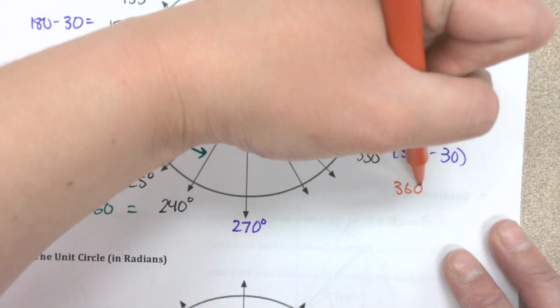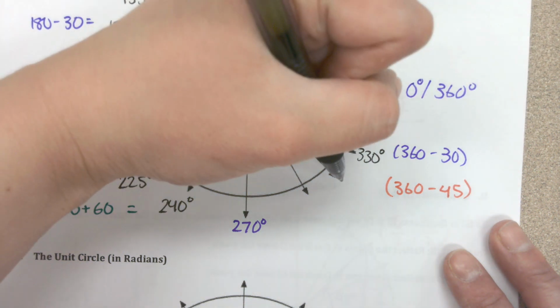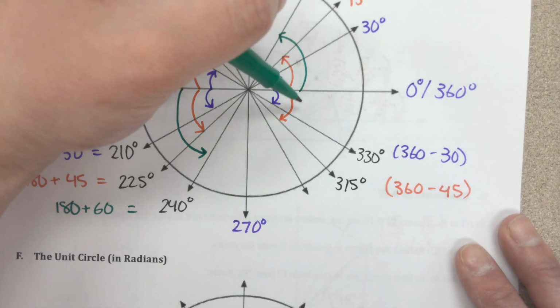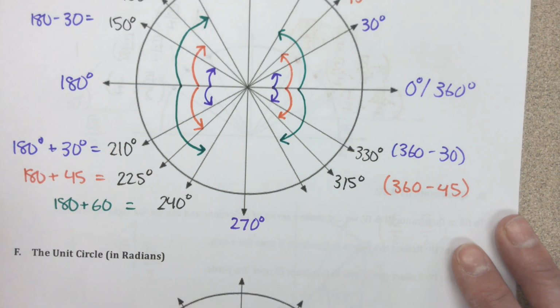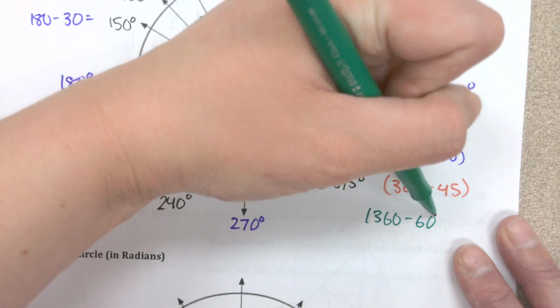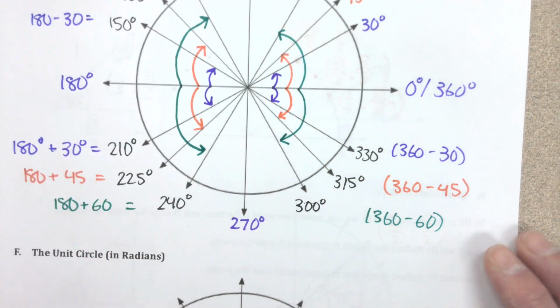So 360 minus 45. That's 315 degrees. And to the third line, that's still 60 degrees. So 360 minus 60, which gives us 300 degrees.